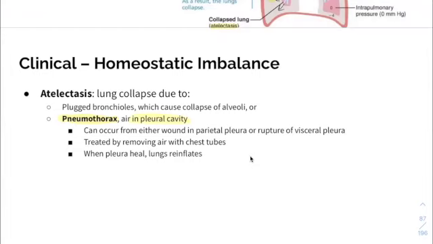It can be caused by a puncture wound. I was even taught when I was learning acupuncture that something as small as an acupuncture needle can actually cause a pneumothorax. So it's something that should always be watched out for, considering your lungs technically come up above your clavicles. They come up a lot higher than most people think.